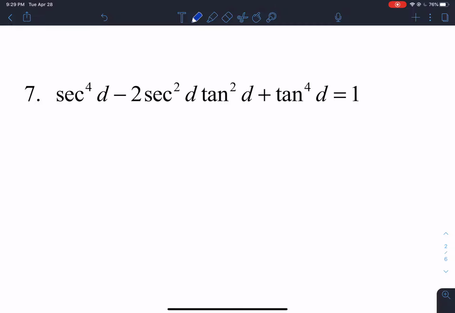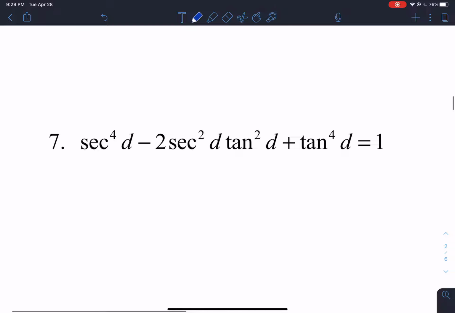So for number 7, this is like another factoring problem. If you can imagine, you have x to the 4th minus 2x squared y squared plus y to the 4th, how would you factor that?